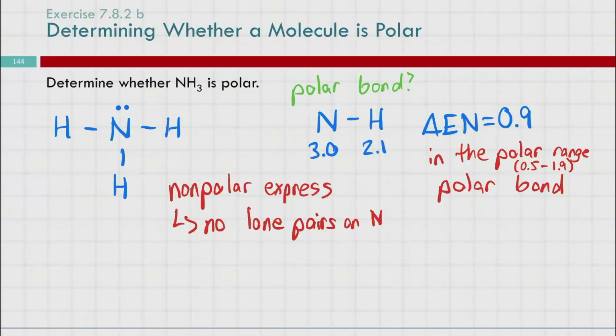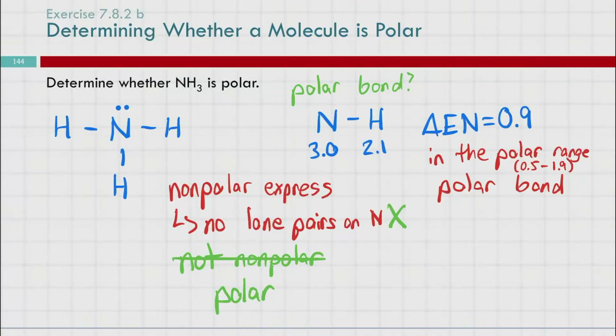We do have lone pairs, so it fails the first condition. So this is not nonpolar, or the less confusing way of saying it, it is polar. It fails the nonpolar express, therefore it's polar.